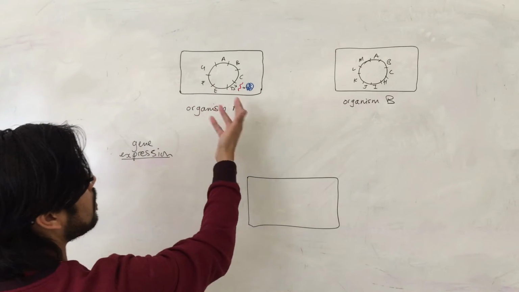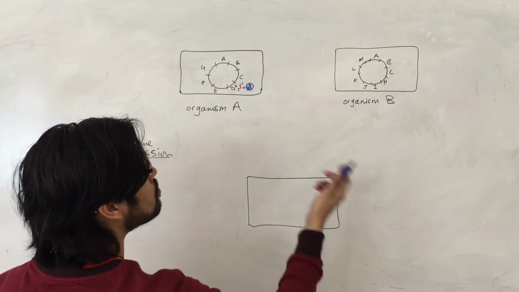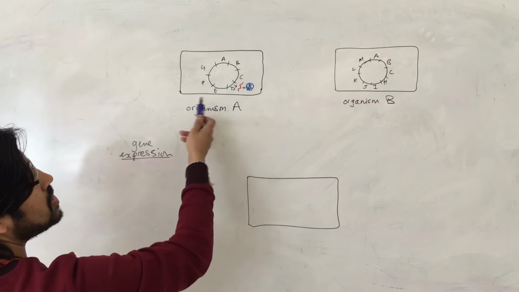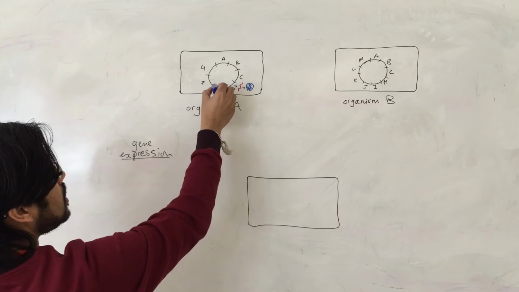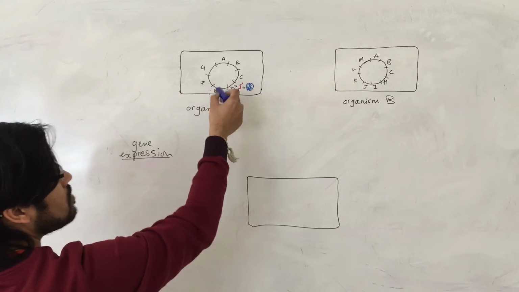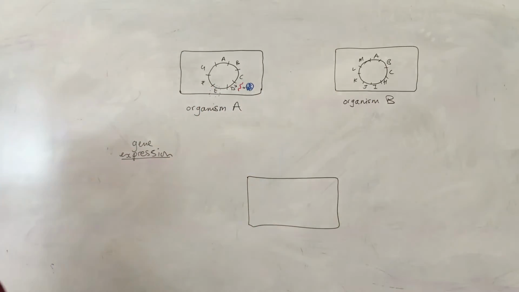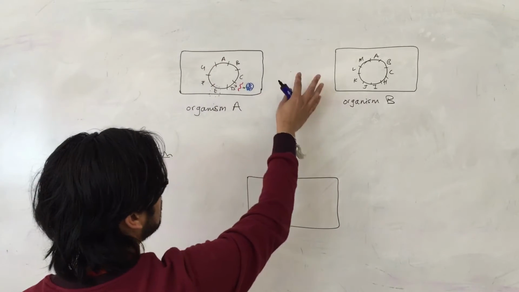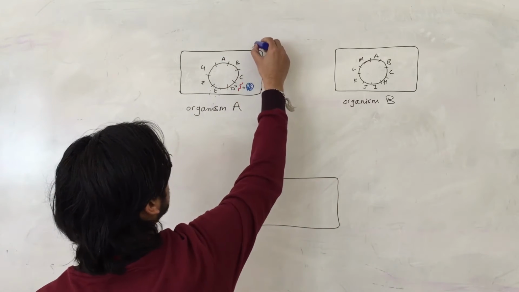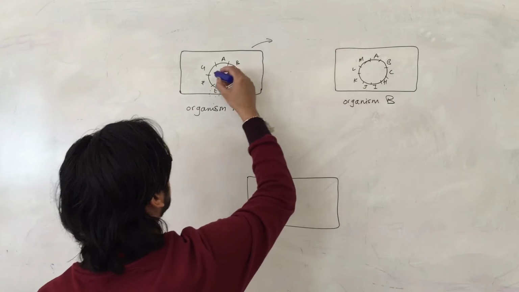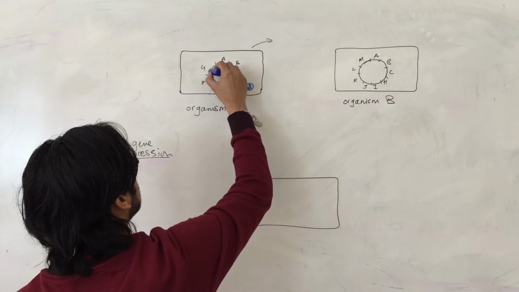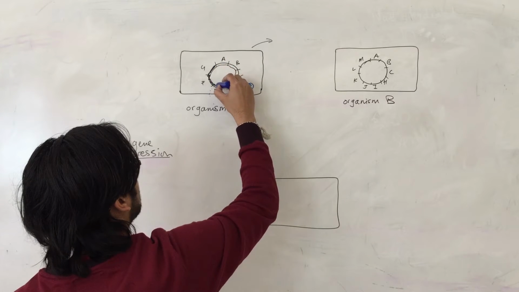We could say that we want organism B to produce a protein product from gene E. Now gene E, hope you can see, is not present in organism B. So what we can do is extract E from here. What I'll do is give this genome a black color.